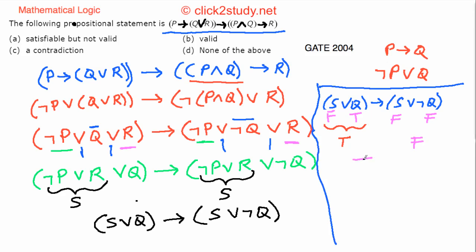So in this particular case you are getting true implies false, which is not allowed for a true implication, so the implication is not true. There are cases when it is true and cases when it is not, which tells us that it is definitely satisfiable, but not valid. It is not always true and it is not always false.